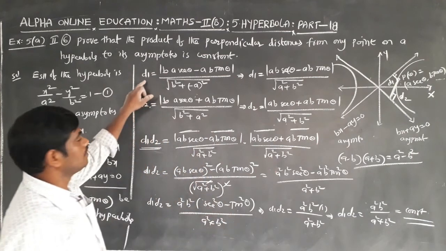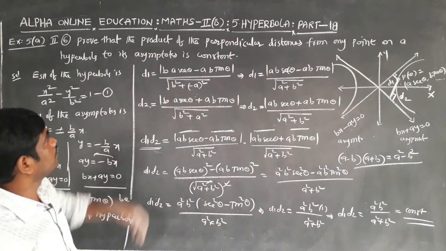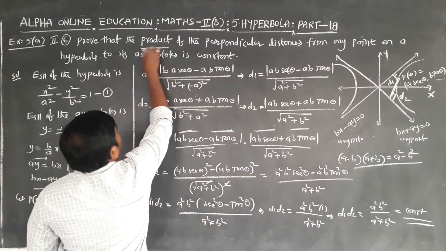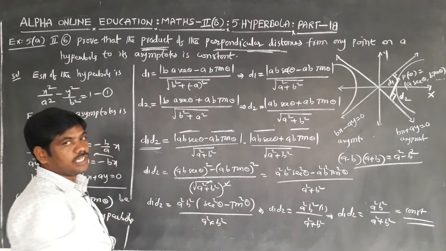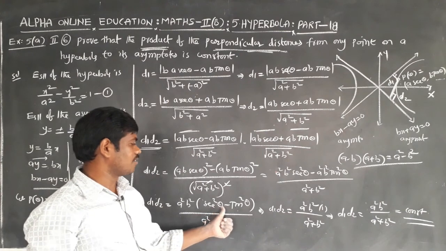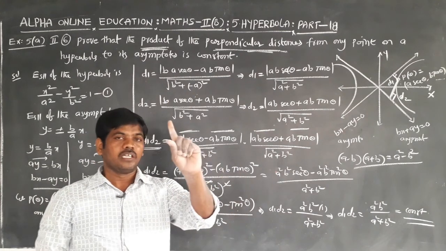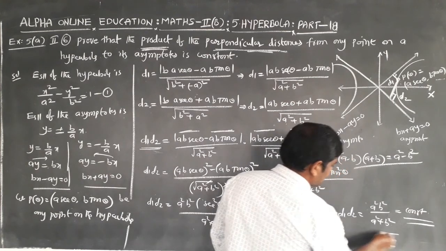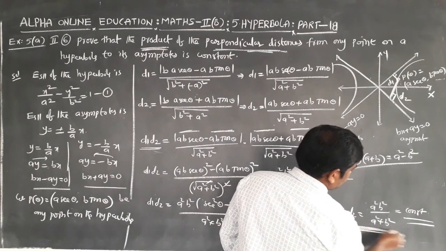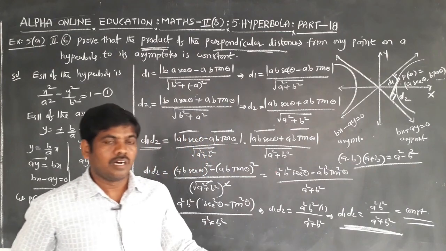Here we find the d1 d2 value, the product of the perpendicular distances, that is d1 into d2. Observe here that secant square theta minus tan square theta equal to 1. So the product of the perpendicular distances is a square b square by a square plus b square, which is the answer.